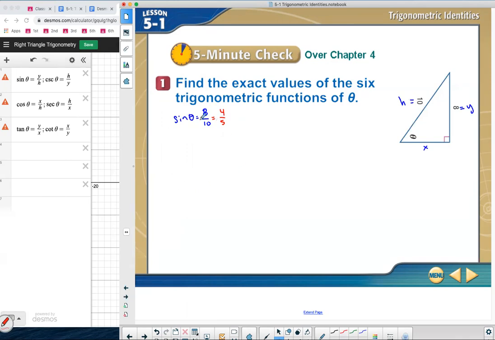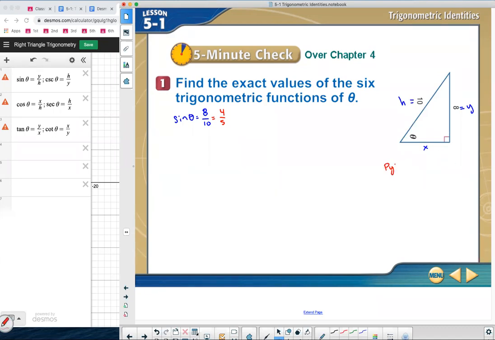Now I'll let you solve the other 5, but before I do that, let's review how would I find what x is since we don't know what x is right now. Pythagorean Theorem. Very good, Jasmine.